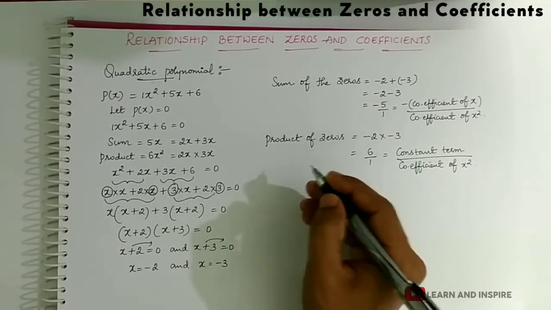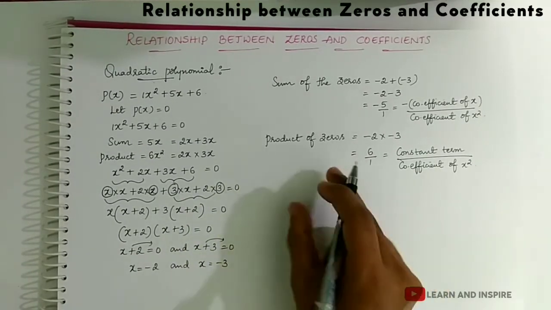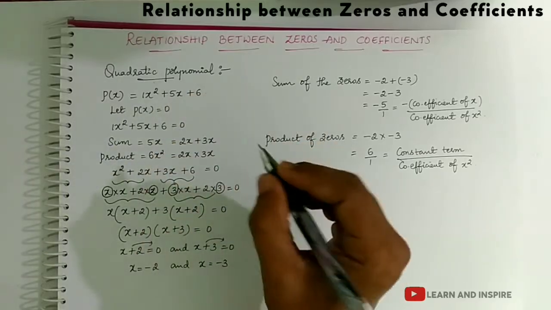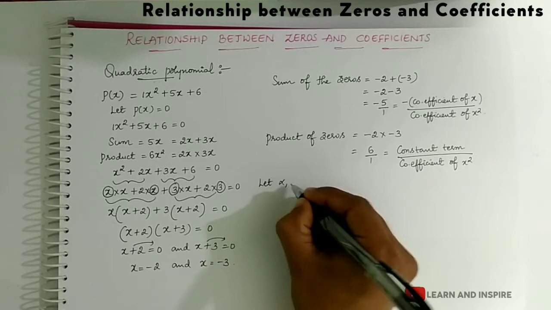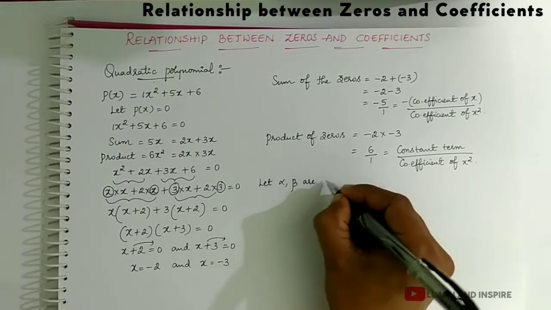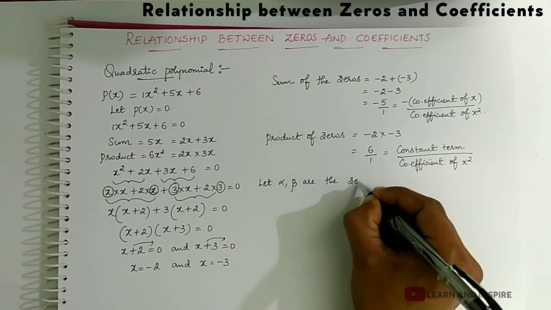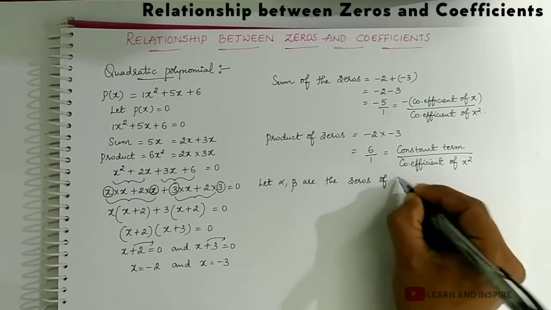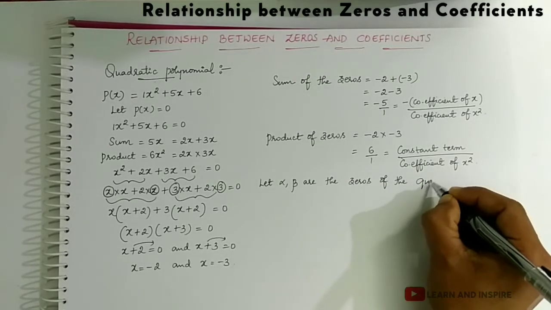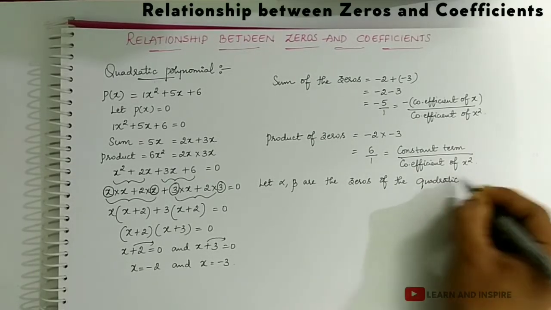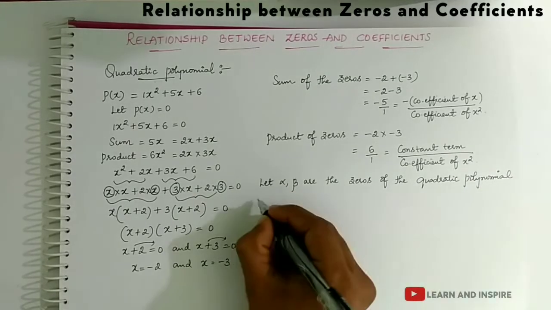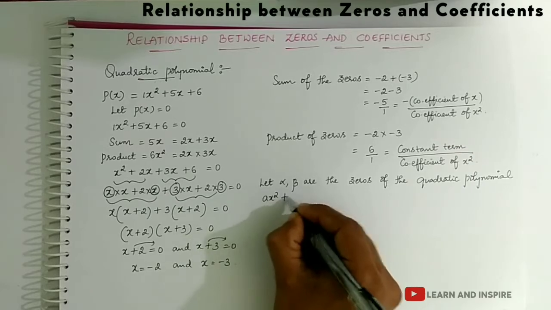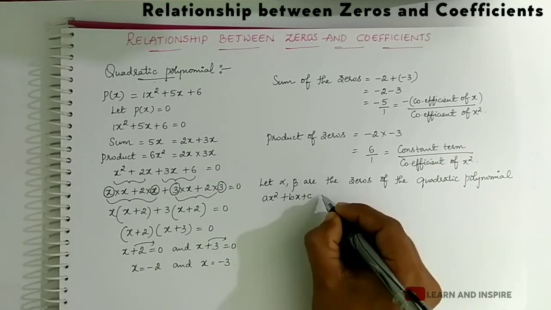Now in general, how can we write the formula by using the quadratic polynomial? Let alpha and beta be zeros of the quadratic polynomial ax square plus bx plus c.